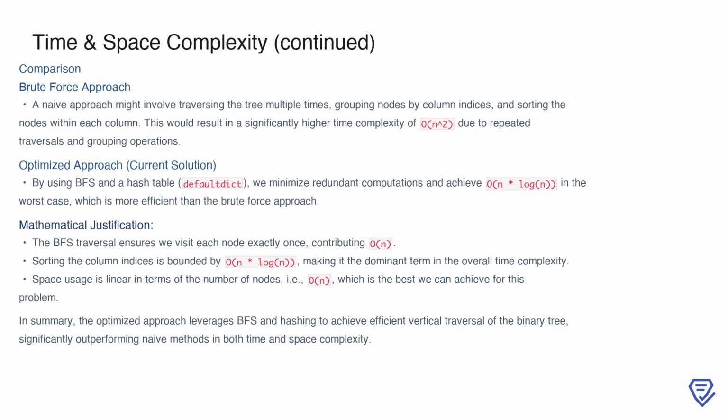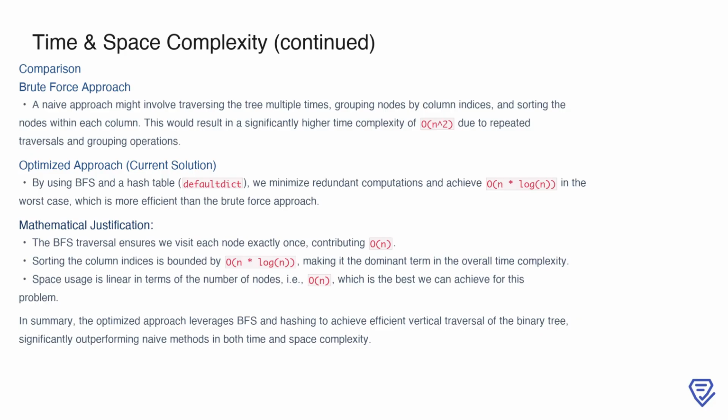In contrast, the optimized solution leverages BFS and a hash table to minimize these inefficiencies. By visiting each node exactly once and sorting only the column indices, the worst-case time complexity is reduced to O(n*log n). The mathematical justification lies in the dominance of the sorting step, which is bounded by O(n*log n), while the BFS traversal contributes just O(n).